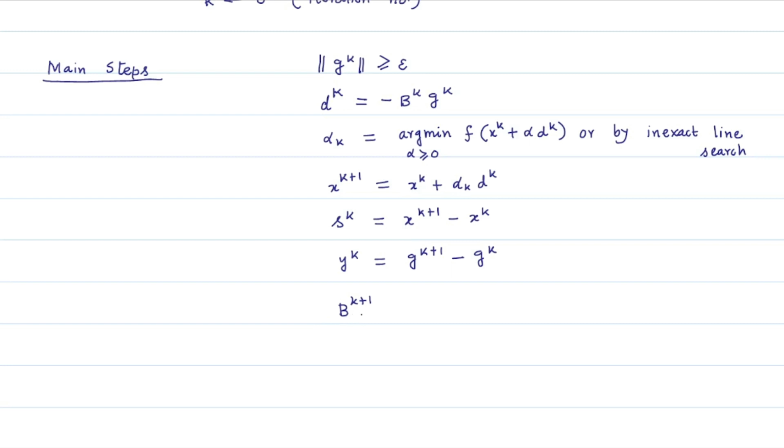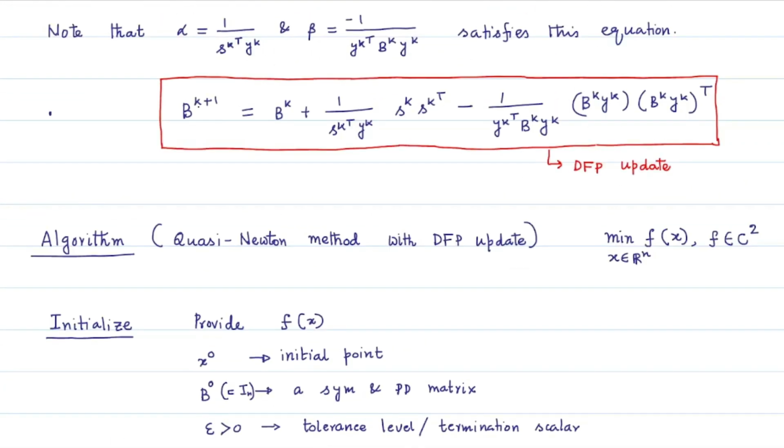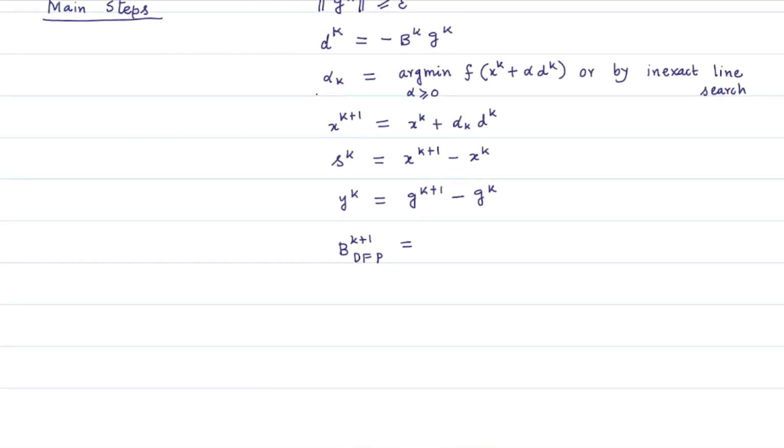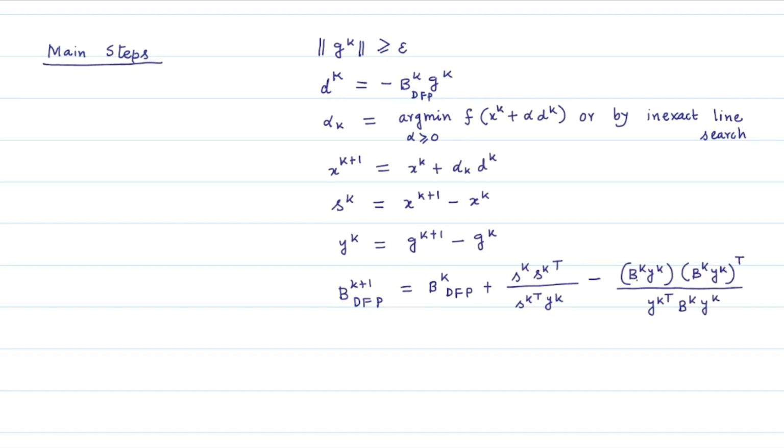We may refer here, if we are using the DFP update formula, to the notation B_{k+1}^{DFP}, which is given by the formula that we wrote over here, where B_k is also subscripted with DFP.